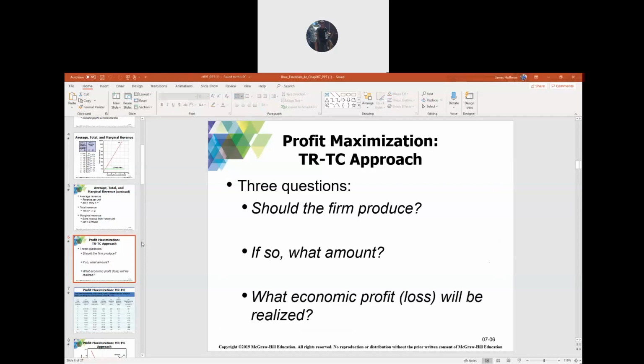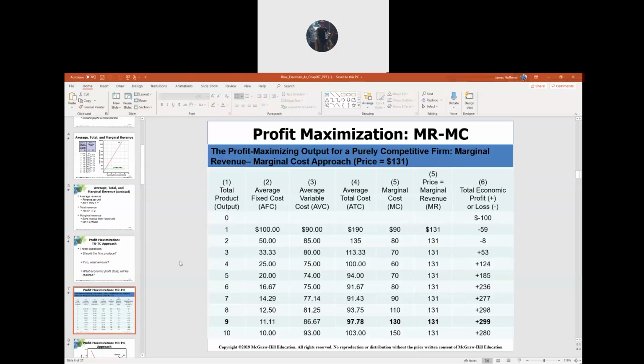Okay, so we'll look at the best case scenario first, where the firm is going to make a profit. There's a condition we're looking for, and I'll type it here, but we'll talk about it a bunch.